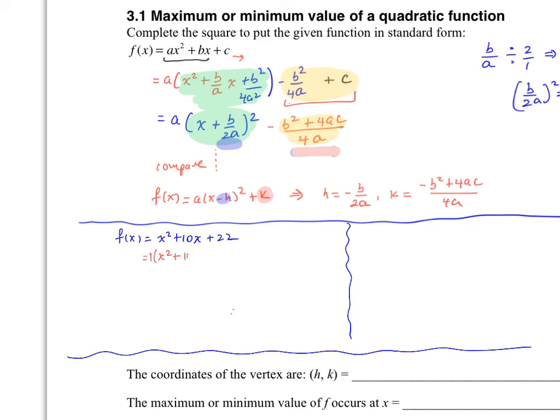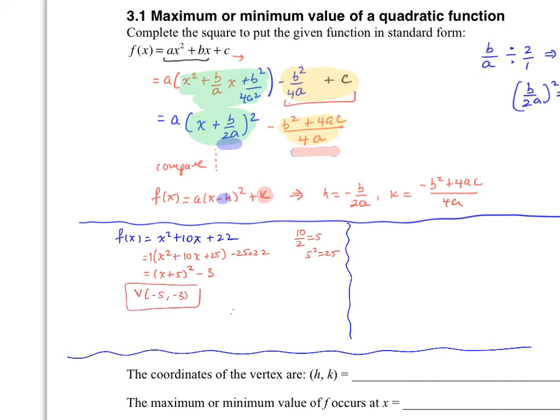It will be x squared plus 10x. You move the 22. Now 10 divided by 2 is 5. 5 squared is 25. So you add 25 here, but you have to subtract it here. Then this will give you x plus 5 squared minus 3.